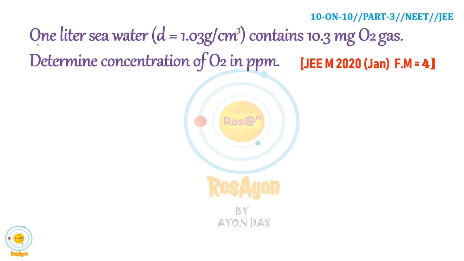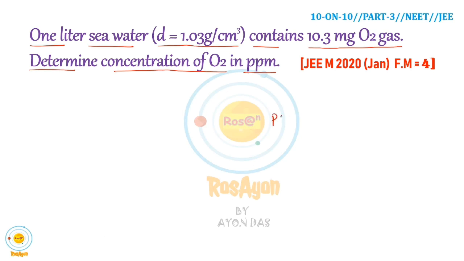See the third problem. 1 liter sea water, density given as 1.03 gram per centimeter cube, contains 10.3 milligram oxygen gas. You have to determine the concentration of the O2 in ppm. That is clear.